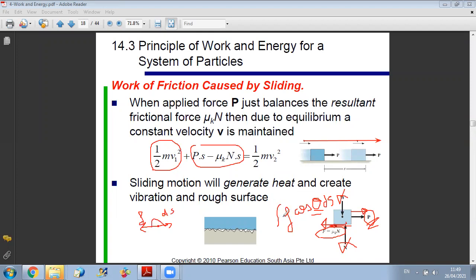And you can directly do it, it's clear, it's directly opposing the motion, and you can directly put minus F times the displacement S. Now, since F is kinetic friction, we can find it by calculating the normal, so F is mu k times N. Then we multiply it by S to get the work, equals the final kinetic energy, which is half mv2 squared.